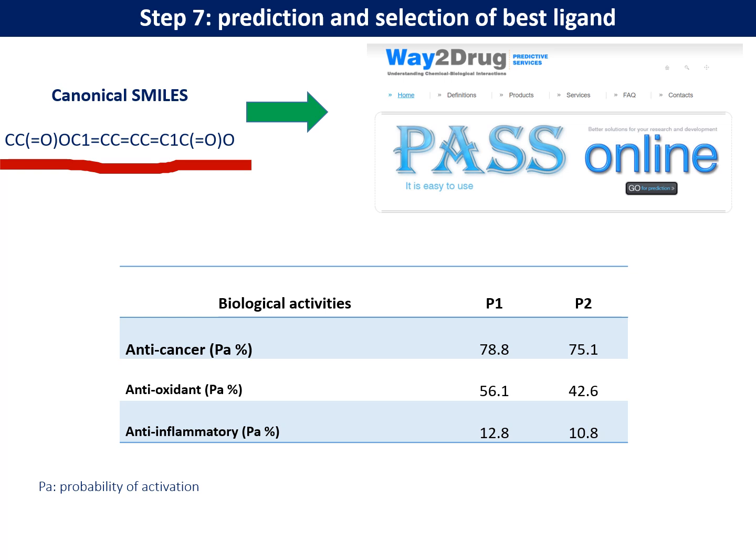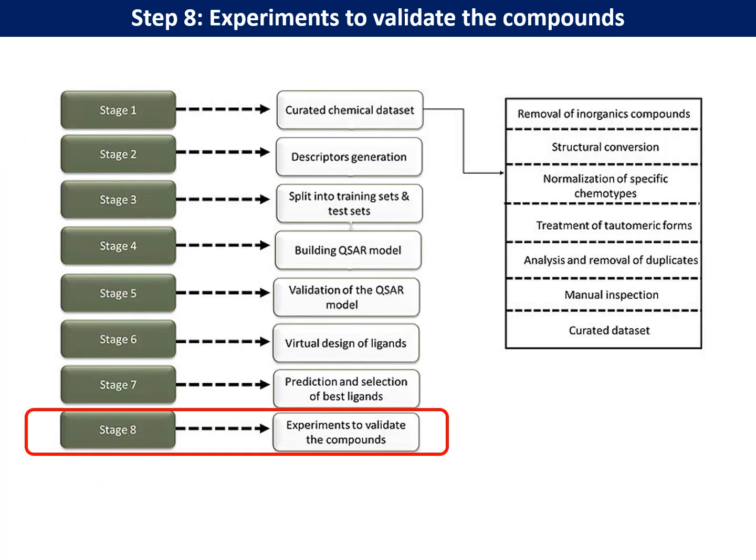In this case, I find that compound number 10 has around 80% activity for anti-cancer, around 60% for antioxidant, and around 13% for anti-inflammation. This is very similar to previous studies. It means that compound number 10 is predictable.